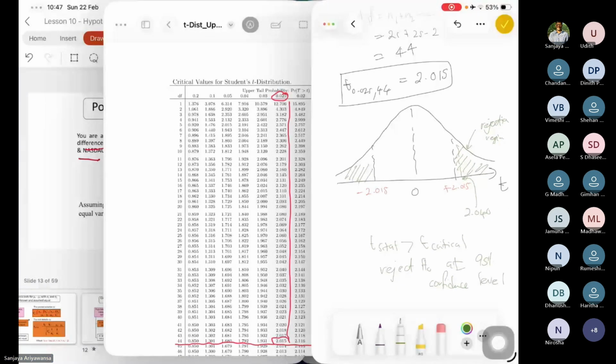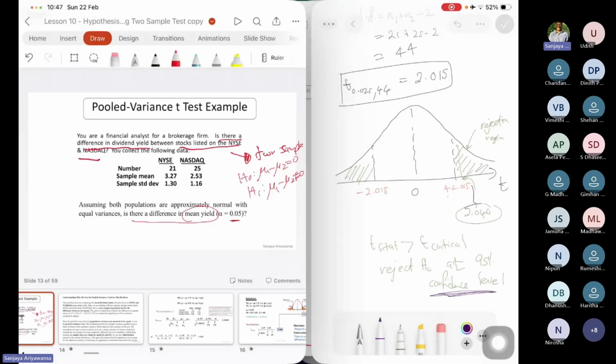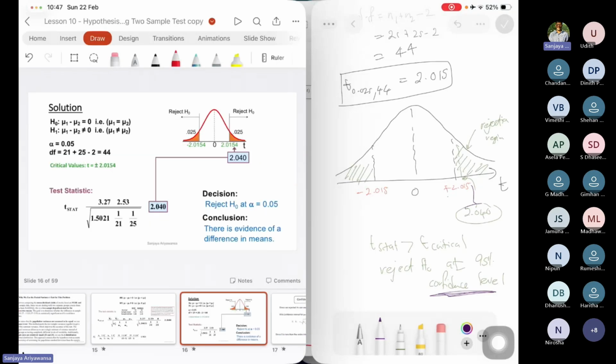The critical value goes towards this side, then this statistic that we calculate may not have been in that rejection region. So hence why it's important to mention at what level. So that's what I've done here. And the conclusion is there is evidence of a difference in means at 95% confidence level.